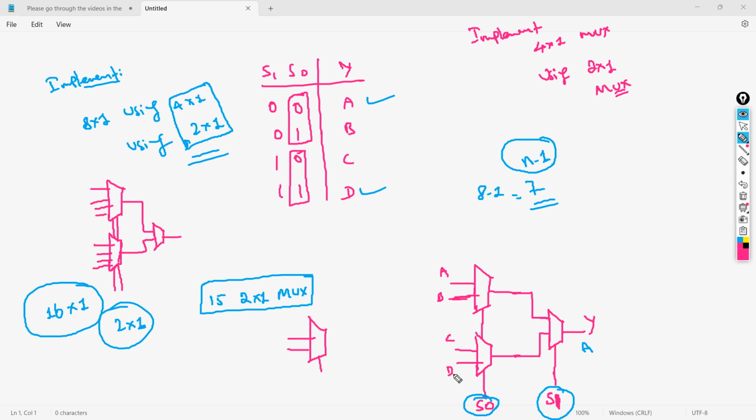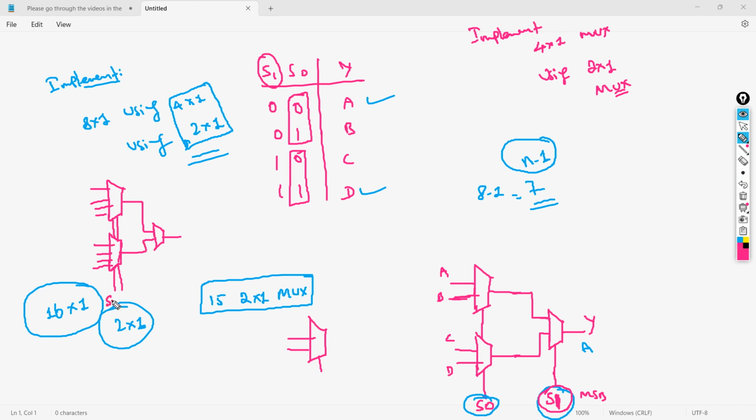Now remember, it depends on how you are defining or creating your truth table. If you look here, S1, which is kind of lost, that is your MSB, and the first one is basically S0. So you have to choose your controls accordingly.